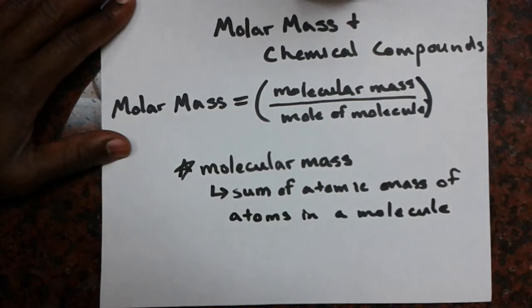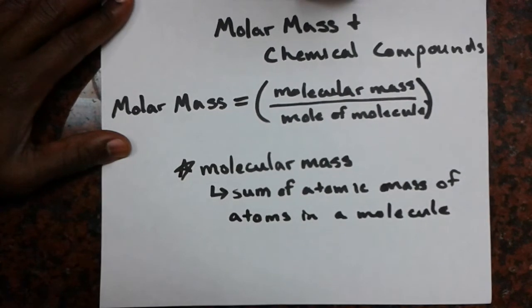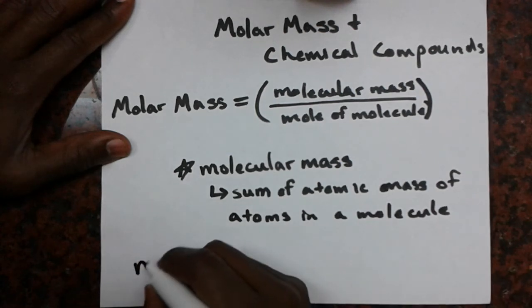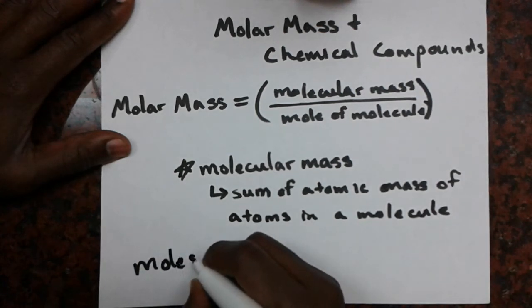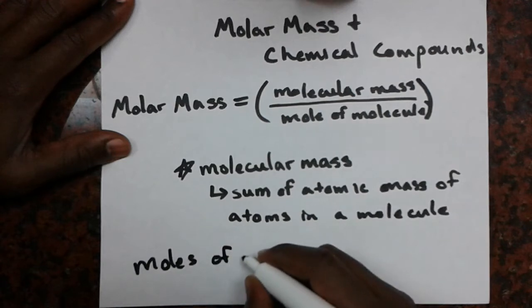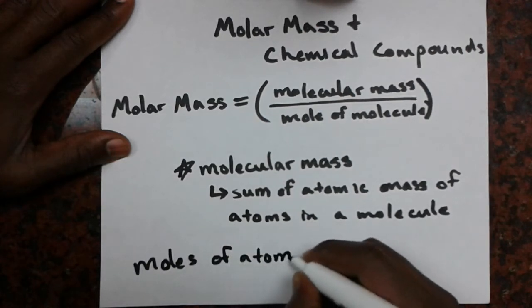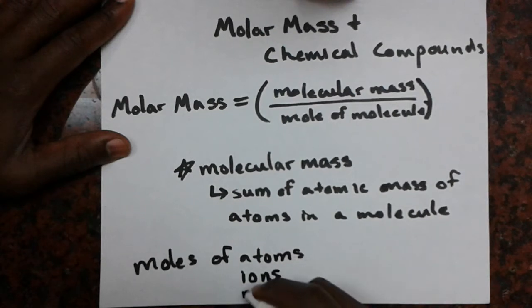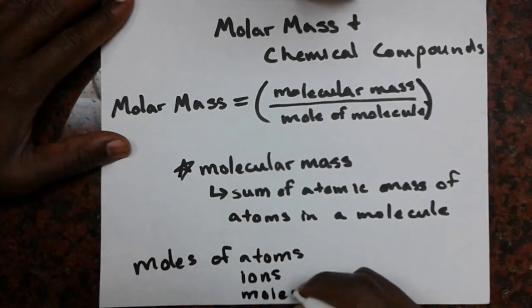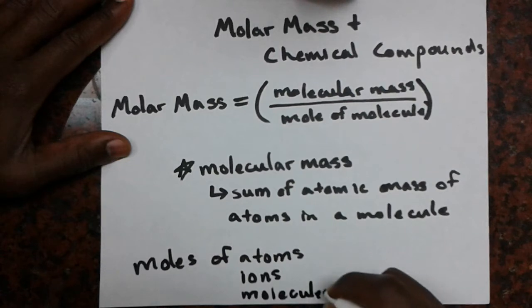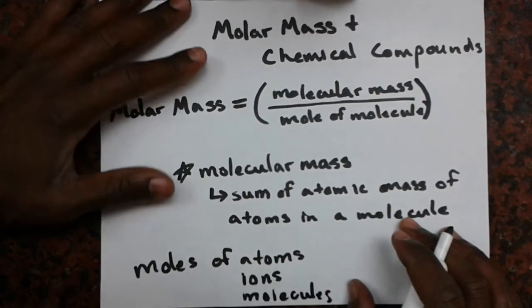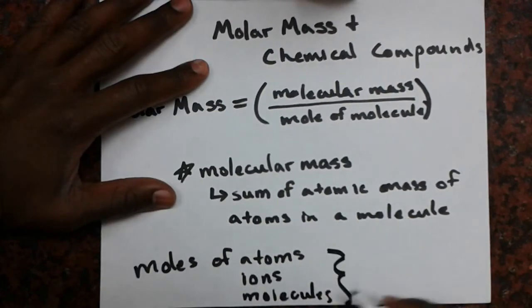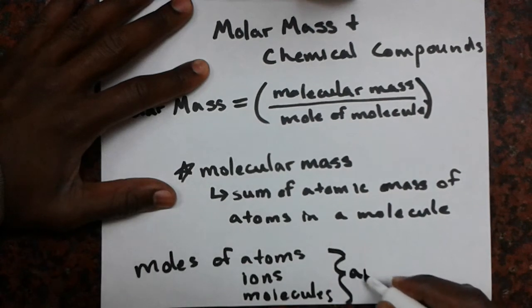So this would just require that you keep in mind that you can have moles of different materials. You can have moles of atoms, you can have moles of ions, and you can have moles of molecules. A mole is simply the amount of a substance.